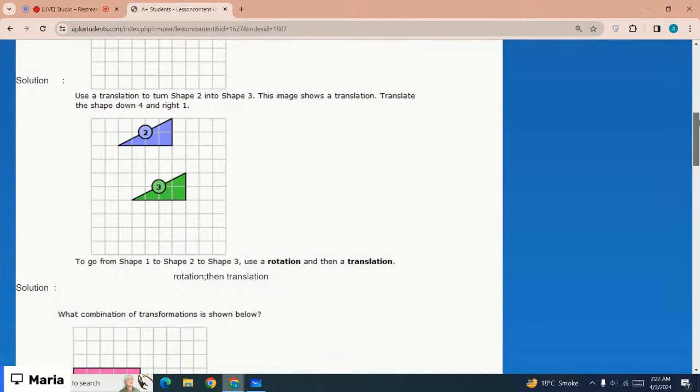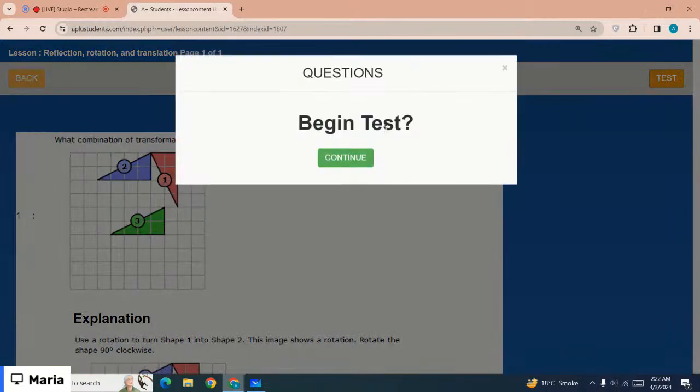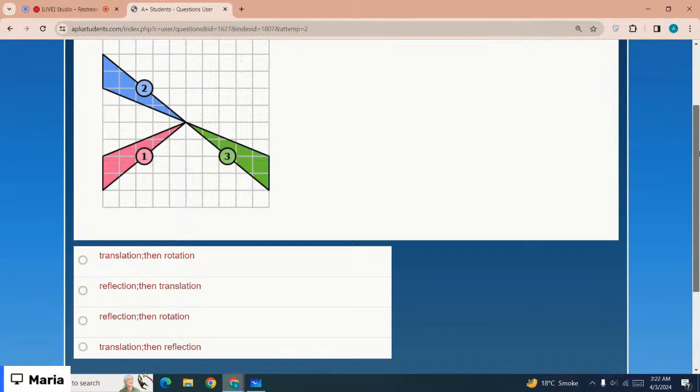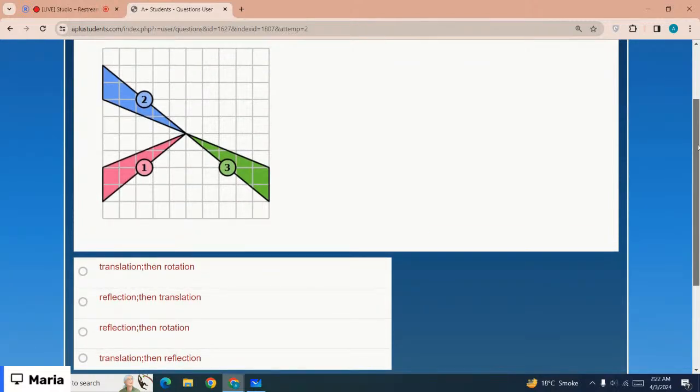Let's start with the test questions. Okay, so what combination of transformations is shown below? You are given 1, 2, and 3.